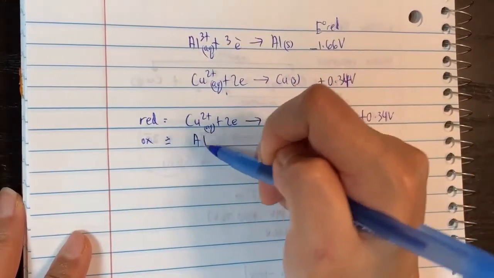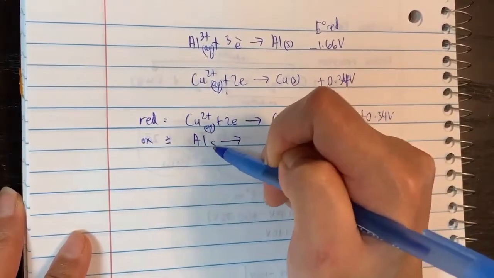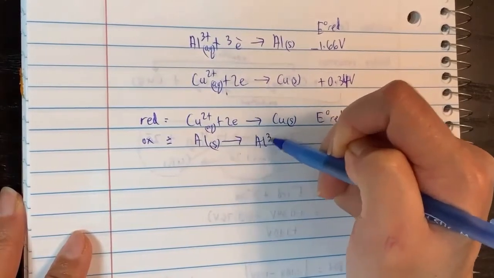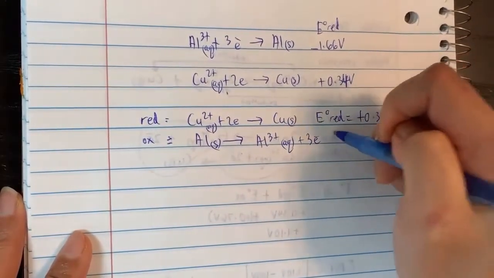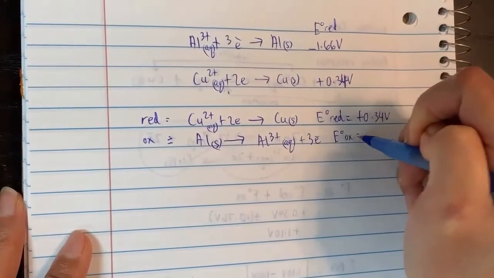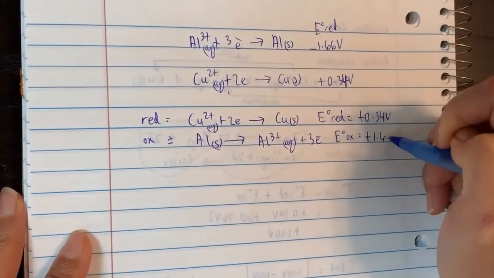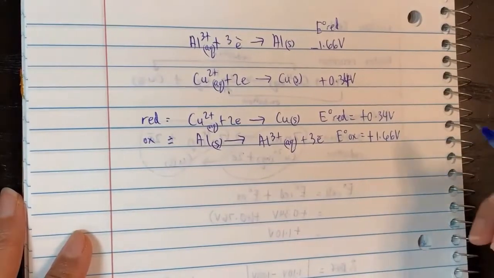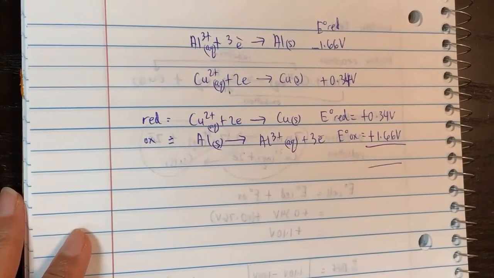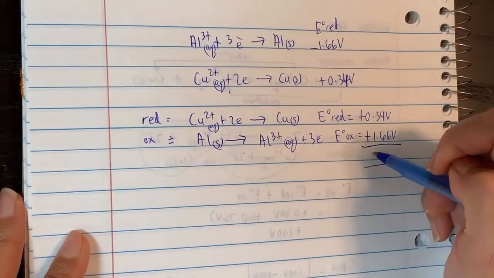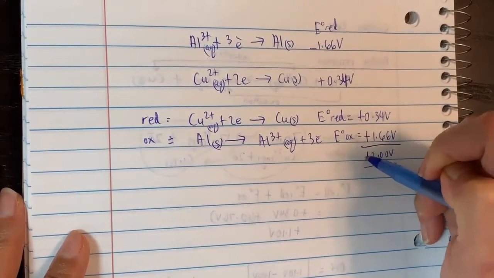I know aluminum is going to go to aluminum 3 plus plus 3 electrons, and E of my oxidation in this case is positive 1.66. I had to flip the reaction, so I have to flip the numbers. So in this case, 1.66 plus 0.34, you're going to end up getting 2.00 volts, and it's positive.